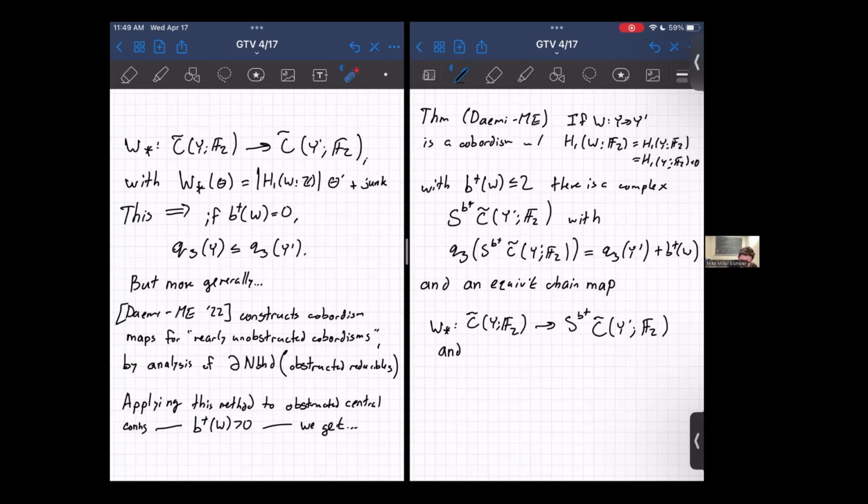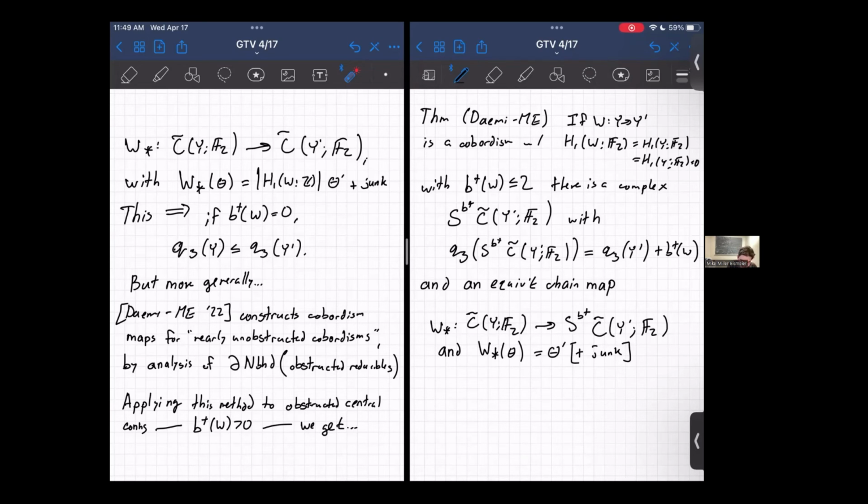And it satisfies that crucial condition I mentioned earlier. It sends the trivial connection on one side to the trivial connection on the other side, plus some terms that aren't really relevant.